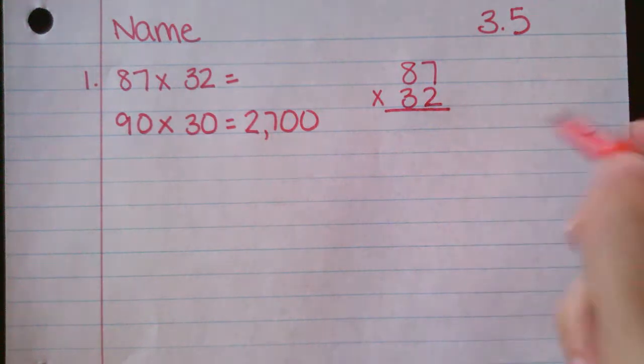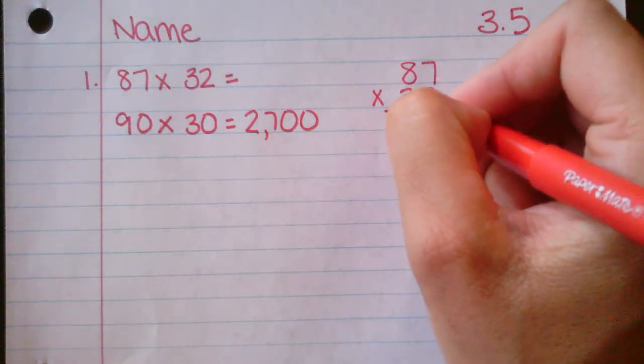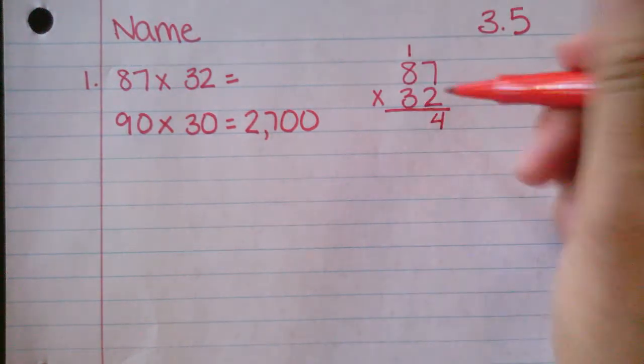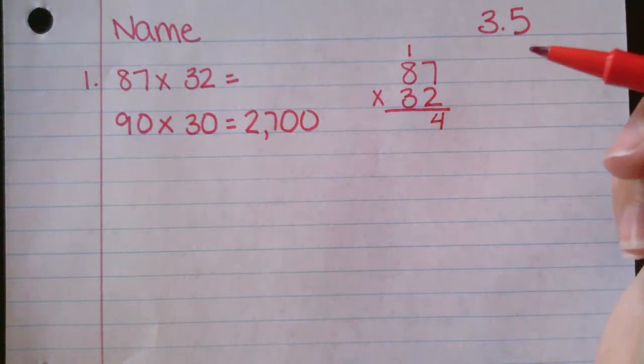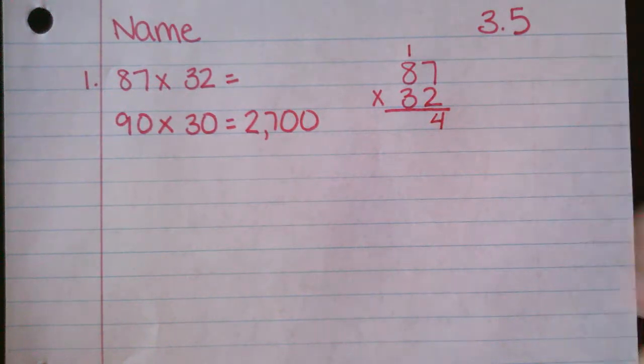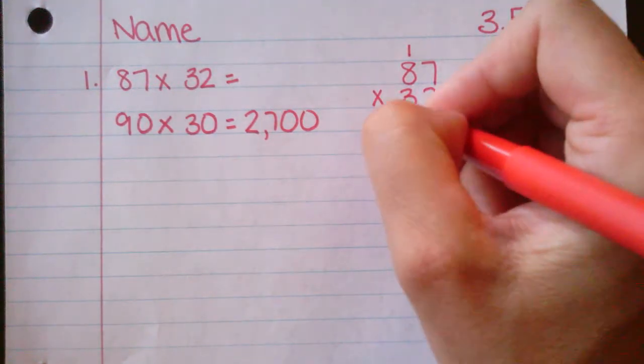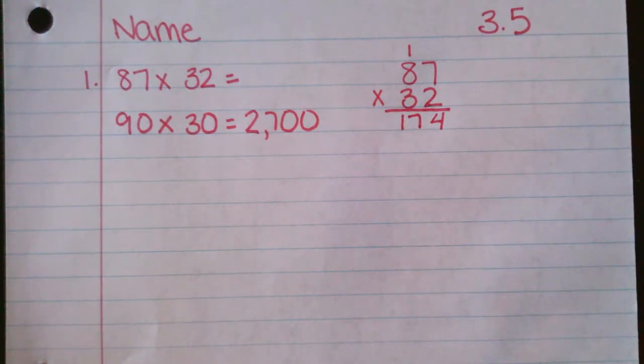2 times 7 is 14, carry up your 1. 2 times 8 is 16, plus your 1 is 17. Now you're going to work with that 3, but that's not really a 3, it's a 30.